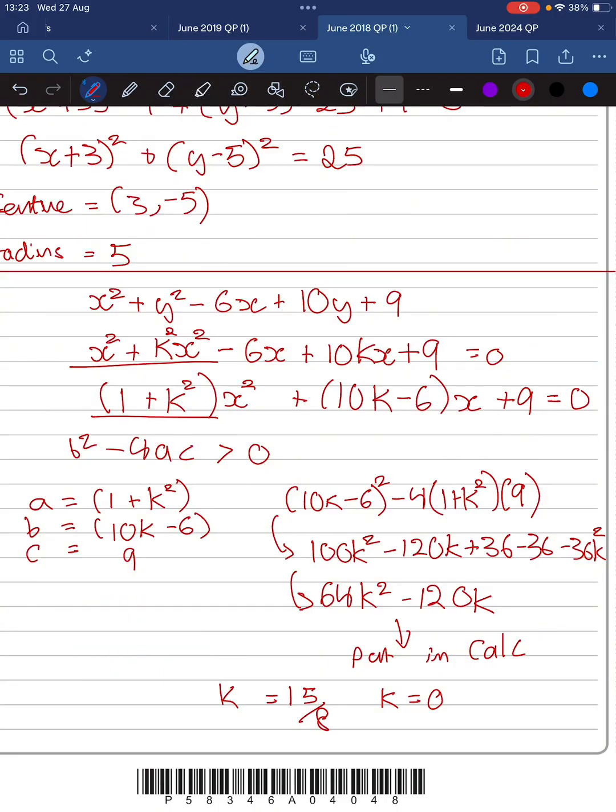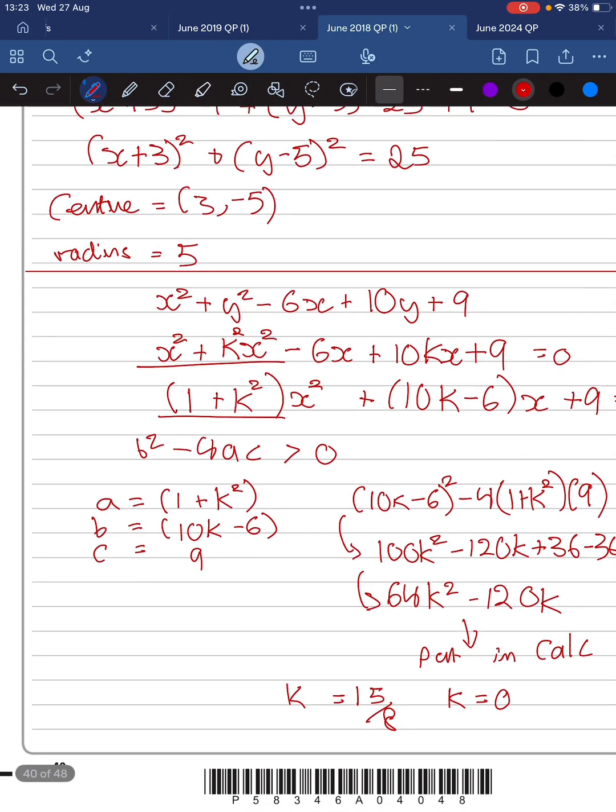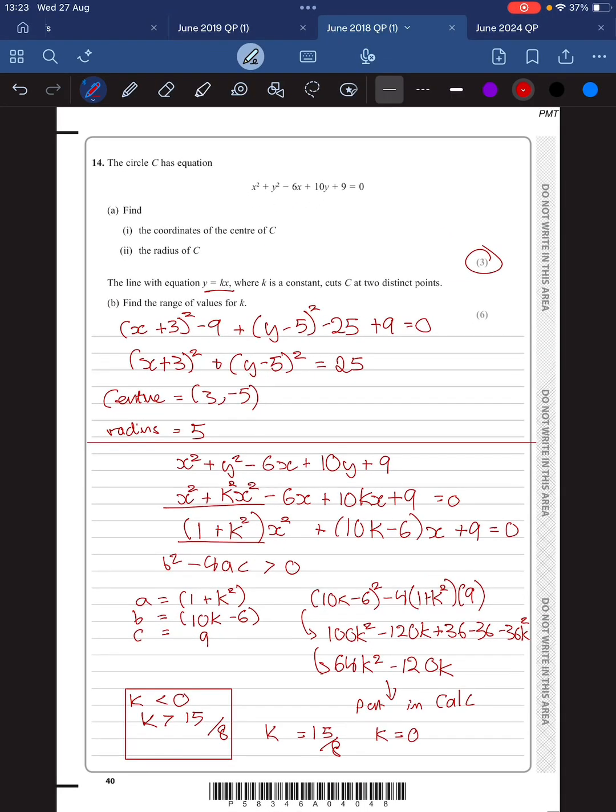Now we found out what k is, we can say what these points are. So k has to be less than 0, but k has to be greater than 15 over 8. And these would be our values for k. That would be 6 marks. Yeah.